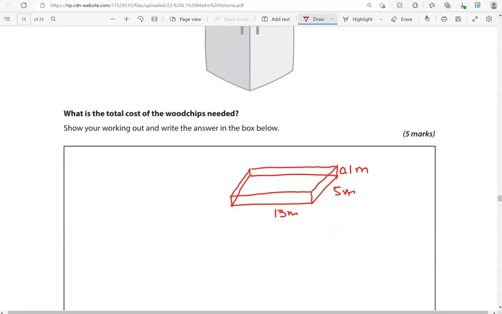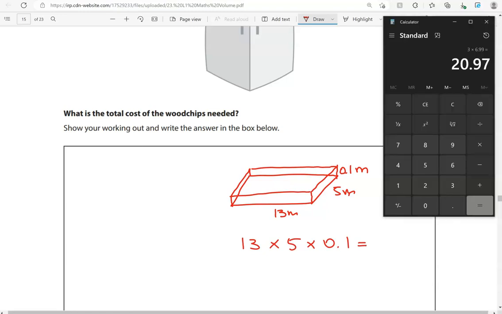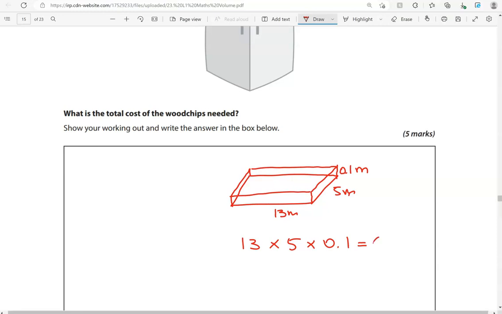So to work out the volume, we'll do 13 times 5 times 0.1, which is 6.5 cubic meters.